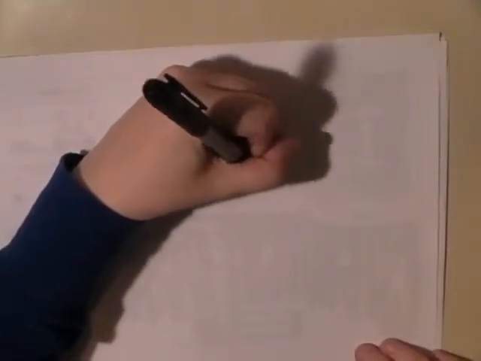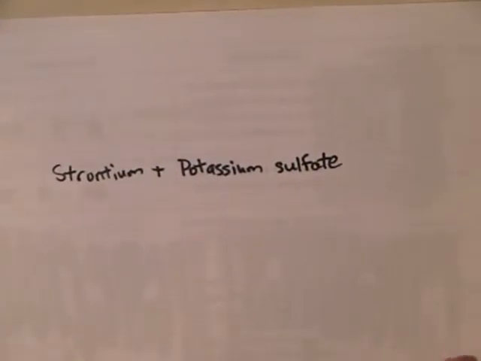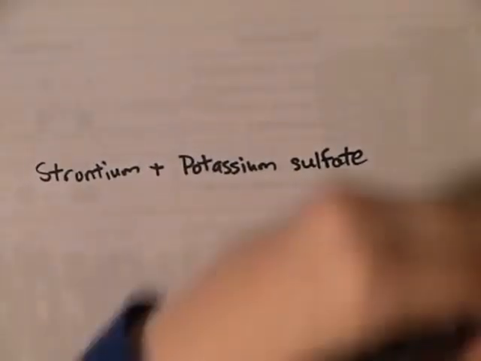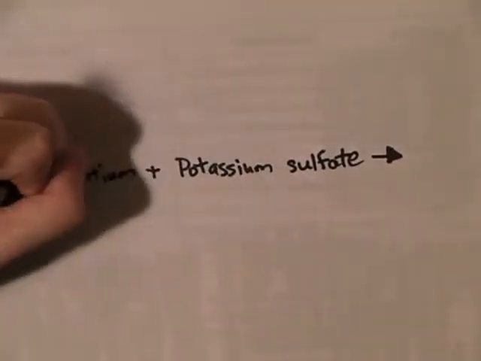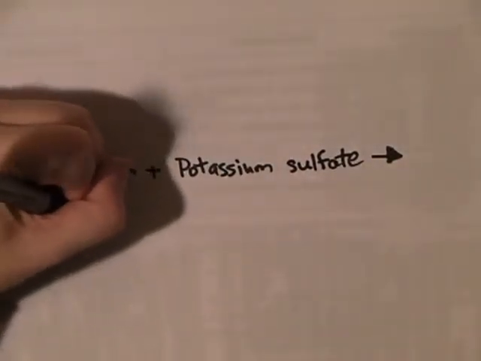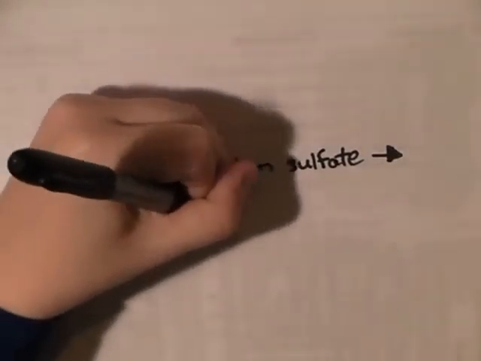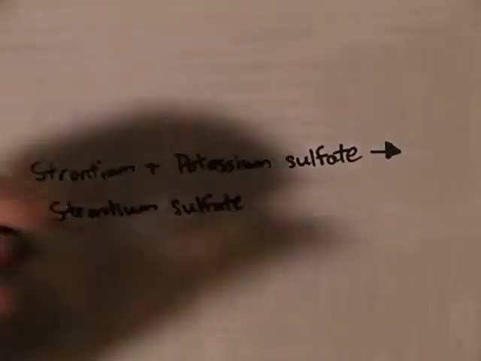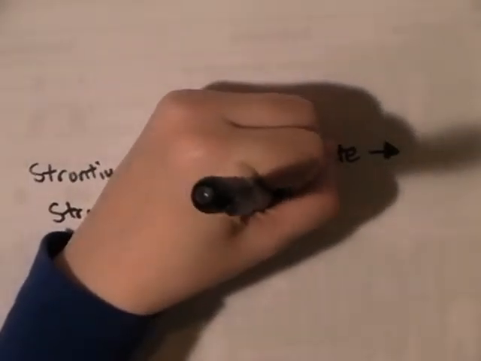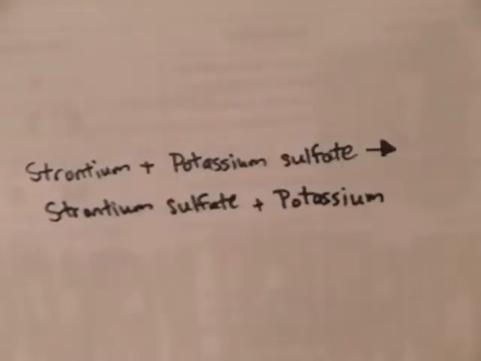Let's write it on 2 lines. Makes strontium sulfate. Strontium plus potassium sulfate makes strontium sulfate plus potassium. Alright, let's go with that.